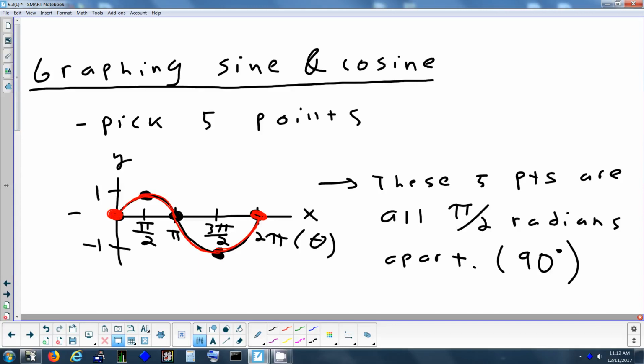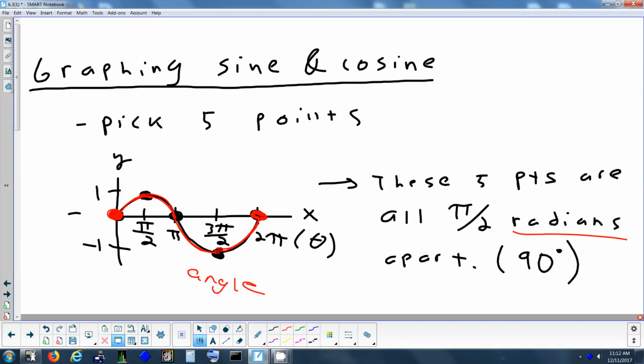Okay, a lot of the problems, in fact, most of the problems we do this week are going to be in radians. So every point here, you could think of it as being 90 degrees apart, because that's the units on the x-axis. On the x-axis, you're graphing an angle.